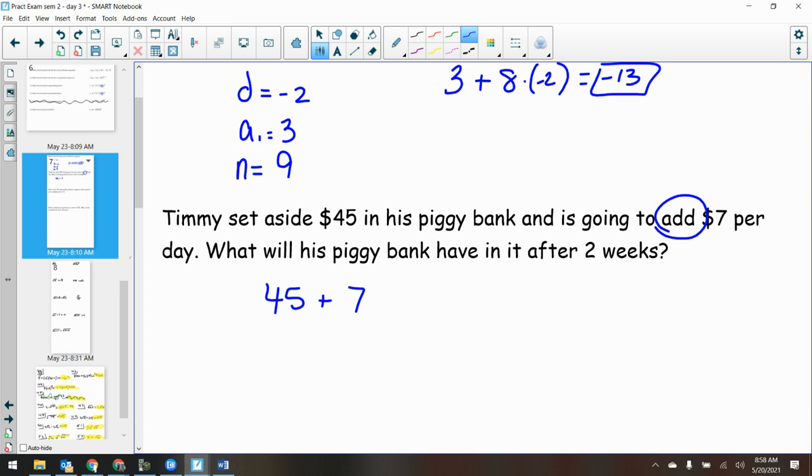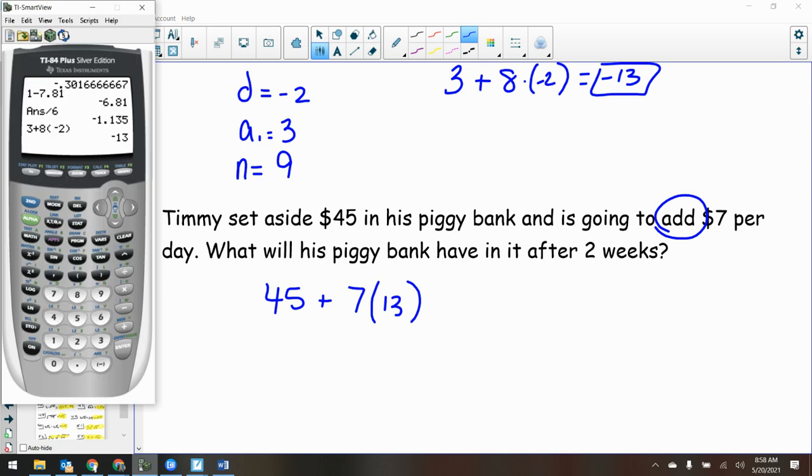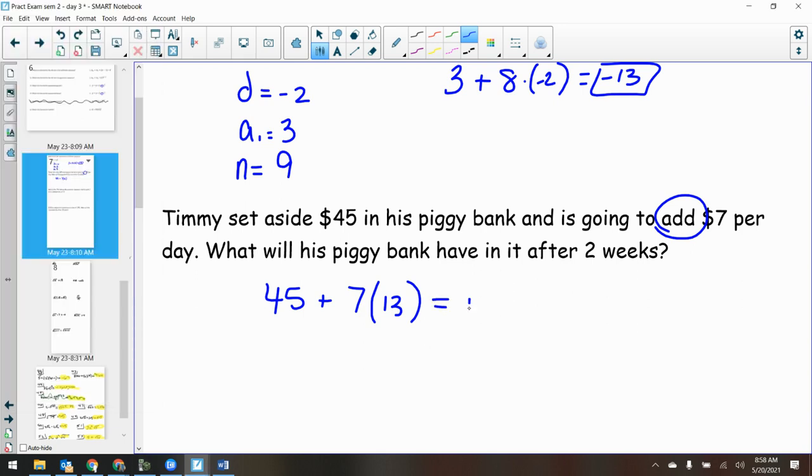That's your d value. And after 2 weeks, n minus 1, n is 14 days, so I'm going to multiply it by 13 days. Going into the 14th day, I will have this amount, 45 plus 7 times 13, $136.